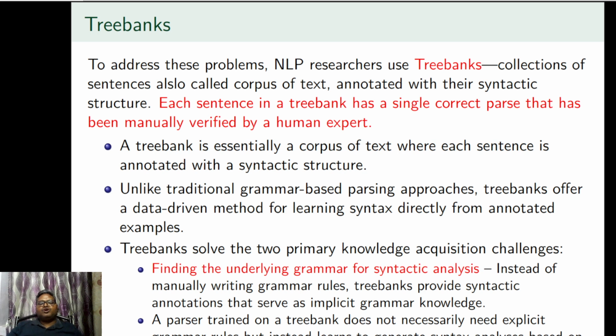Tree banks are collections of sentences which have manual annotations, an explanation for each sentence, of which parse is correct. So this is a mammoth task, but still language scientists have developed this. Manually, they have taken each sentence and they have given annotation for that.